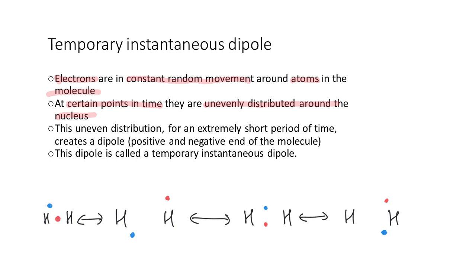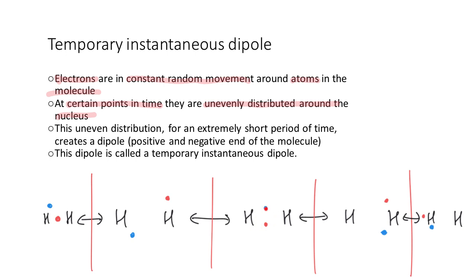They're all different arrangements of how these electrons can be found, and there's no reason why they can't be found here and here. So these two electrons are always moving randomly, and at certain points in time, they are unevenly distributed.